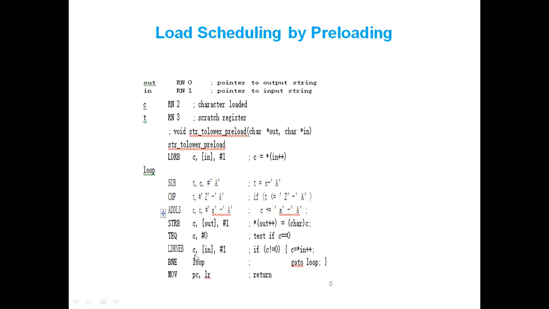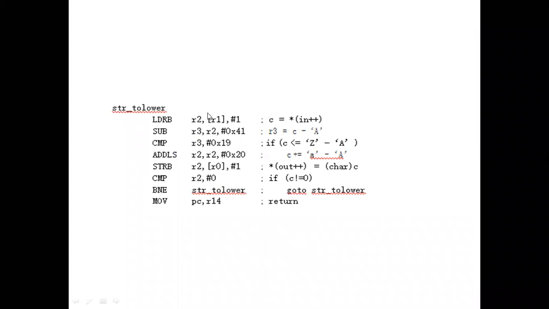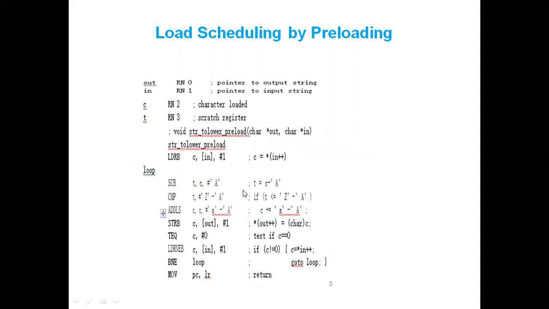So it requires 10 cycles to execute the loop: 1 plus 1, 2, 3, 4, 5, 6, plus 3, 9, plus 1, 10 cycles. So we have optimized it in such a way that we have reduced it from 11 cycles to 10 cycles. There is a saving of one cycle, right?